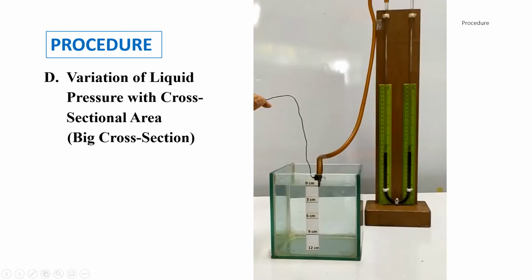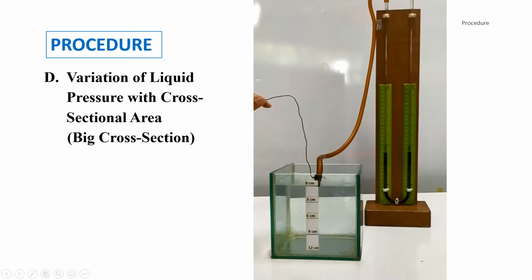Now for the last part, variation of liquid pressure with cross-sectional area. Now this time we are using a bigger jar, so with a bigger cross-section. So the probe is positioned upside down, just the same as with the smaller jar.